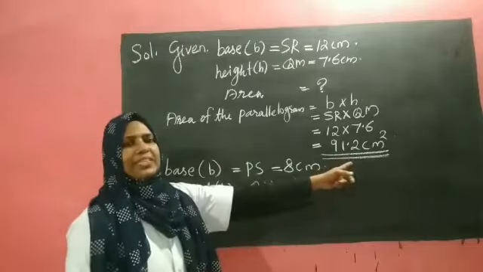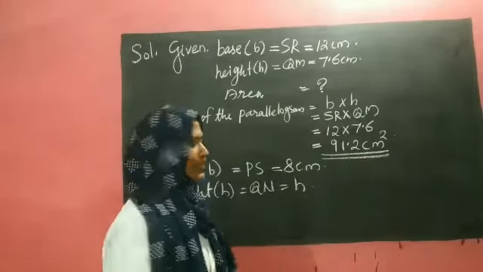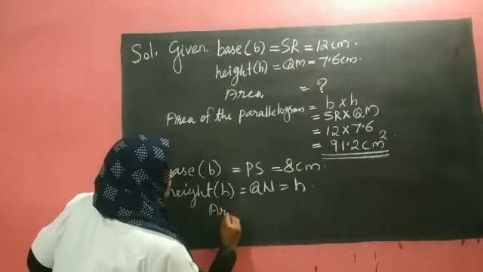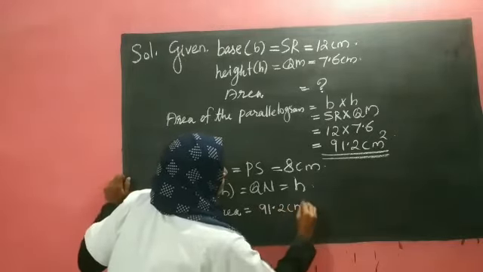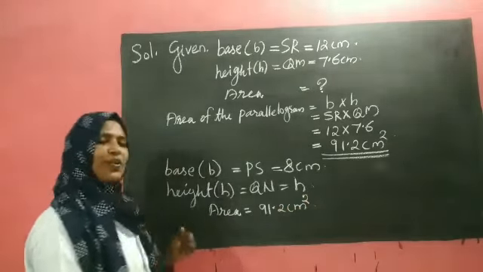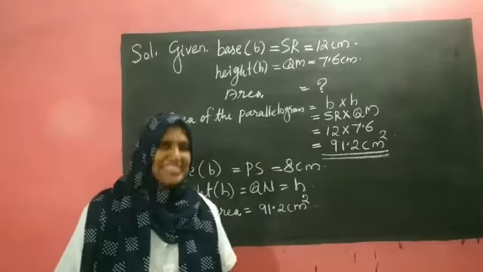We already obtained area of the parallelogram, 91.2 centimeter square. We all know area of the parallelogram is equal to base into height.